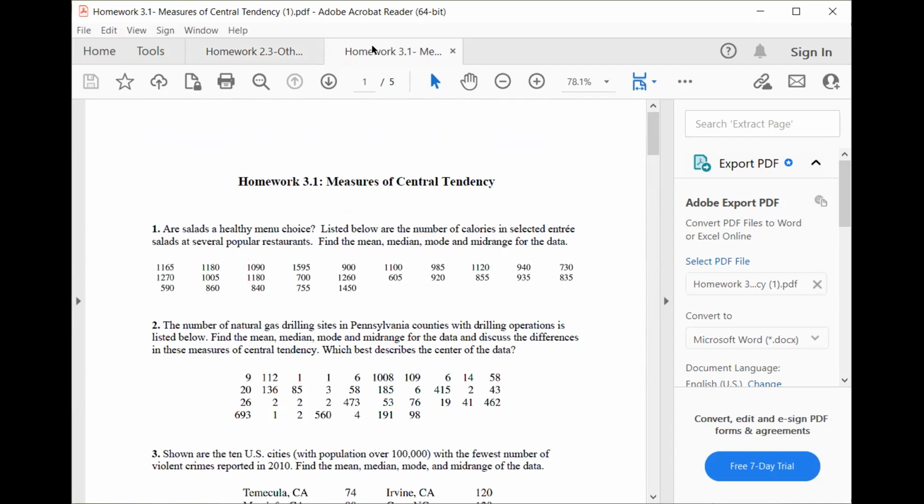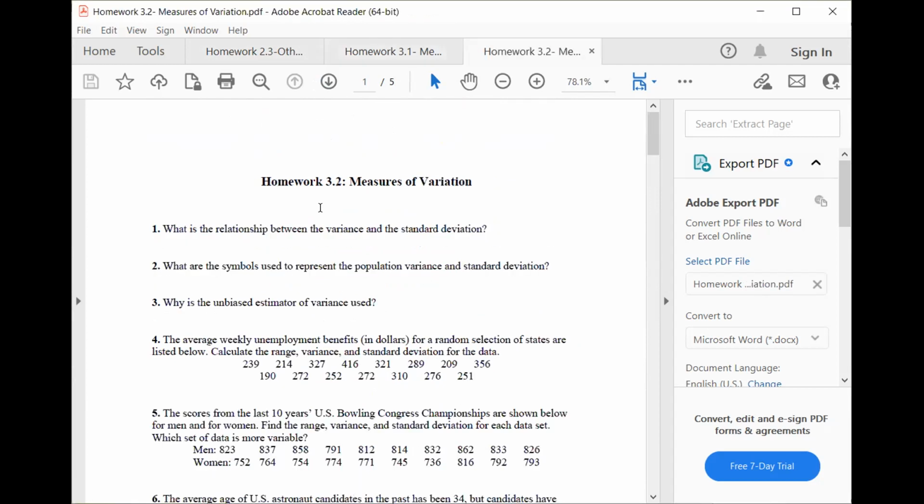No, this is 3.1. I was talking about 3.2, measures of variation. I'm sorry, my apologies. I don't have 3.2 open yet, but we will fix that. There it is. Does that look better? Maybe I need to share again. Did it show up? Yeah, it shows up. 3.2, number one.